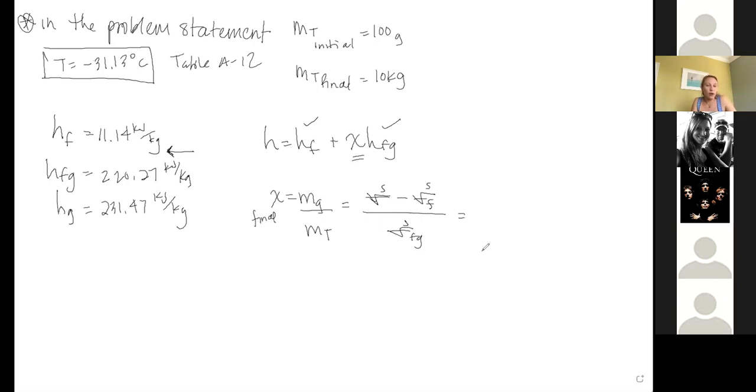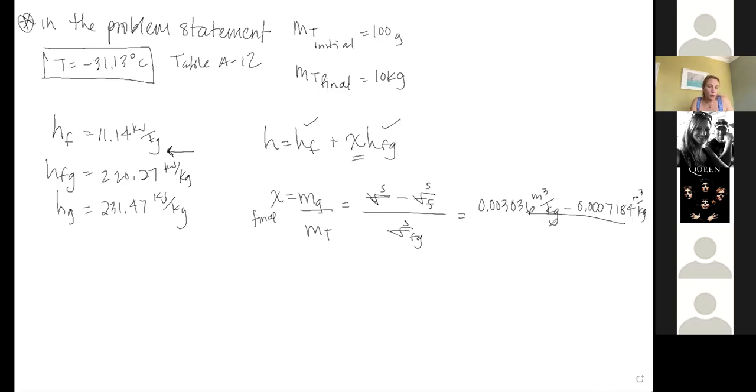So we know that our specific volume is 0.003036 cubic meter per kilogram. And the specific volume of our saturated liquid was 0.0007184 cubic meter per kilogram.